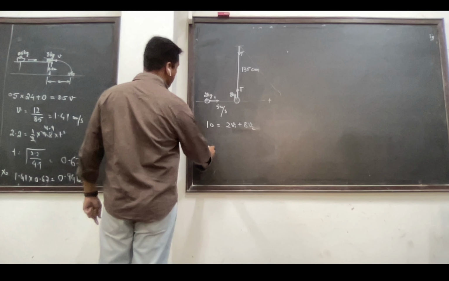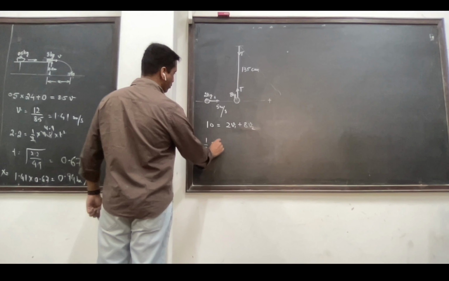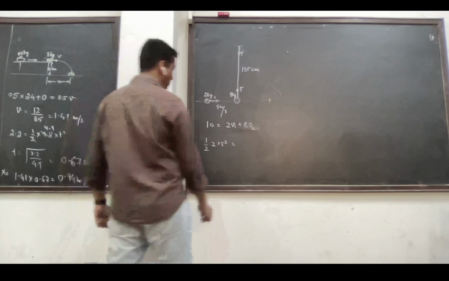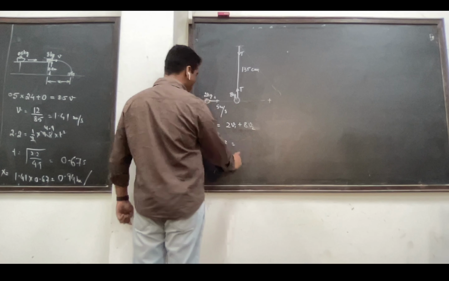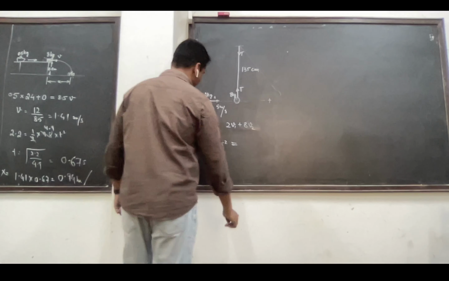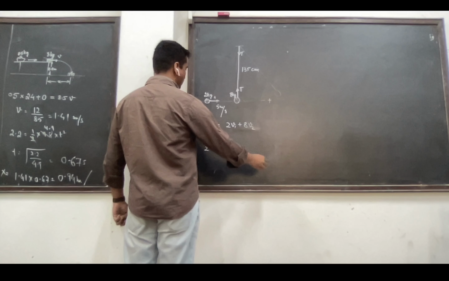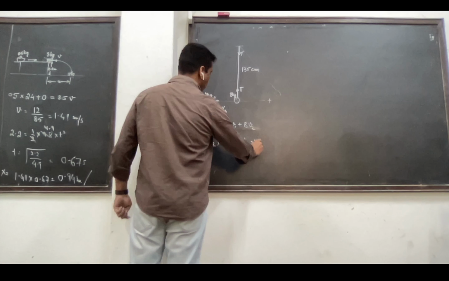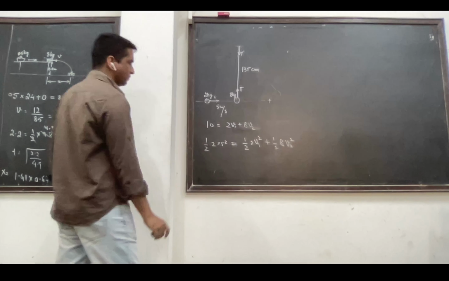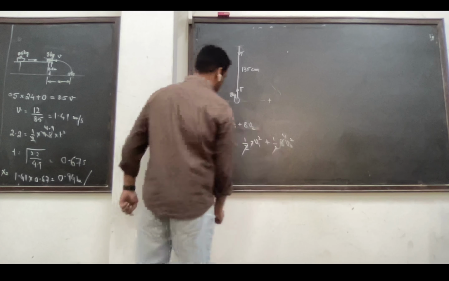What could be more convincing is total energy is conserved. So half 2 into 5 square plus 0 is equal to, post collision, half 2 v1 square plus half 8 v2 square. 2 and 2 cancels, 2 and 2 cancels 4 times.